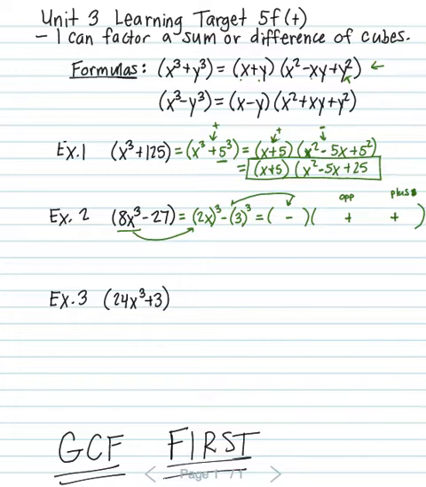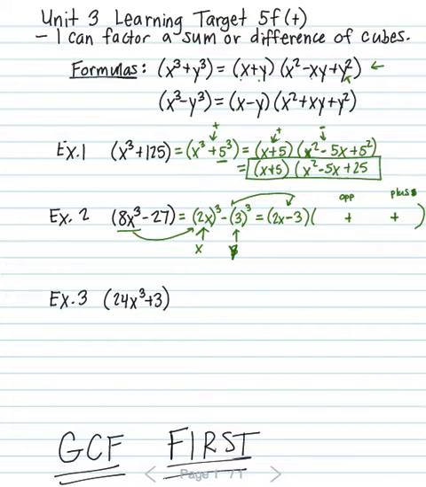Alright, so our formula says x minus y. Well, x is just whatever your first thing is. So in this case, our x per se is 2x. Our y then would be 3. So x minus y. It's just the first thing minus the second thing.